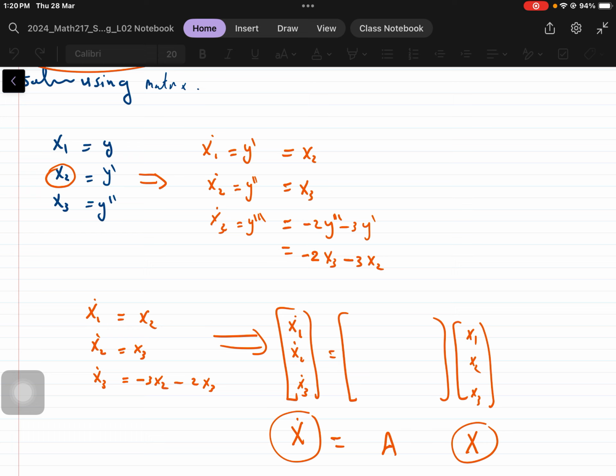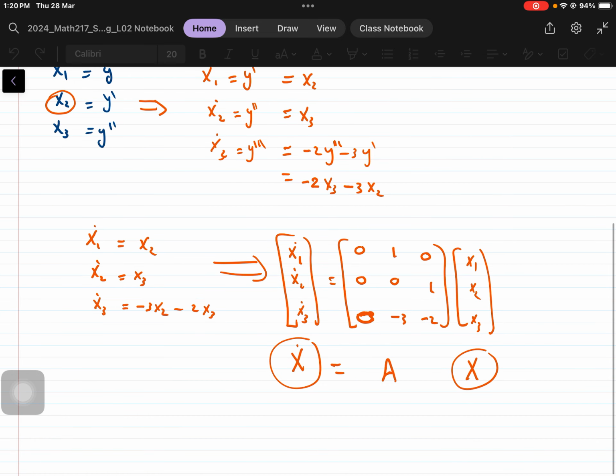Here is the matrix that connects these equations together, which in this case will be 0, 1, 0, 0, 0, 1, 0, negative 3, negative 2. Okay? So this is called the dynamical matrix or the A matrix.